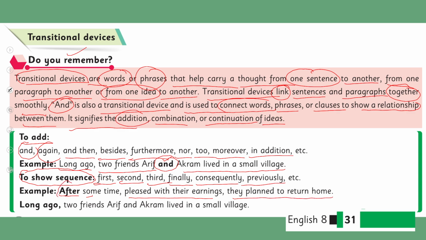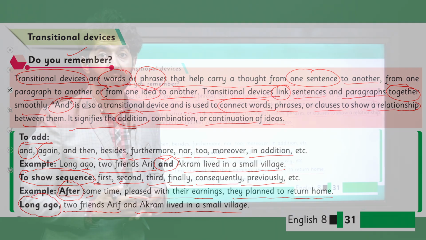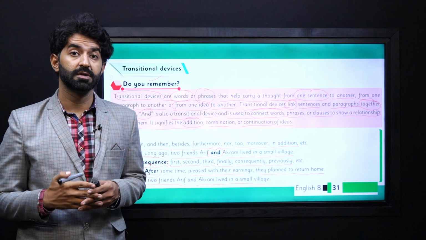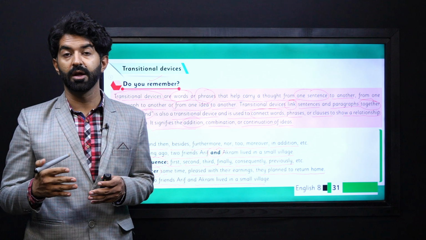So, after is telling us a transition from the rest of the story. Long ago, two friends, Arif and Akram, lived in a small village. So again, this is telling us a time, and it is transferring our sentence from one idea to another.